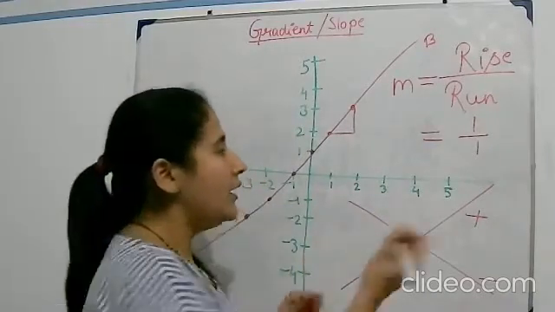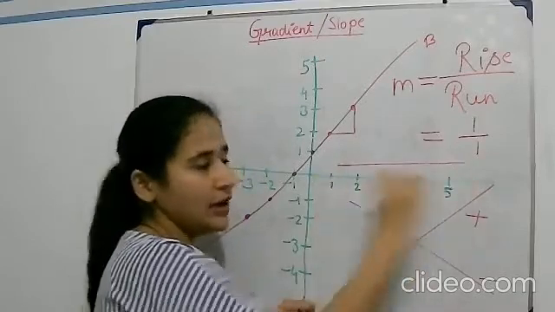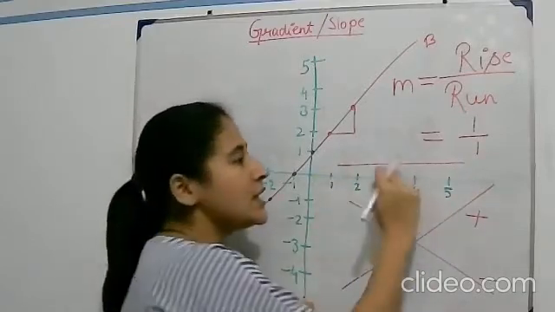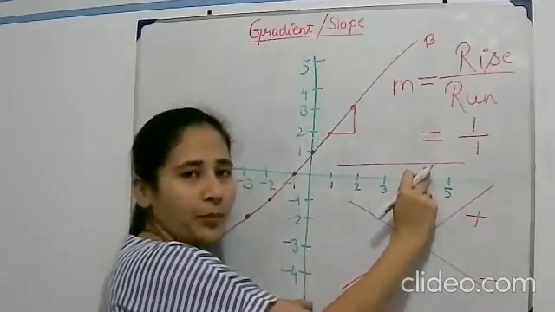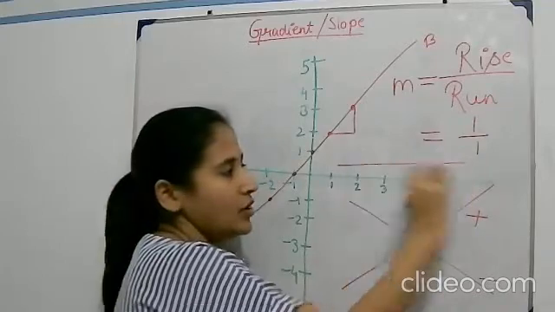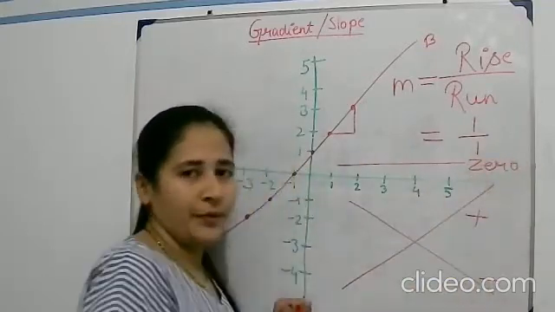And if any line is like this, a straight line parallel to the x-axis, we can see there is no slope. It is a horizontal line. So here we will say zero slope.